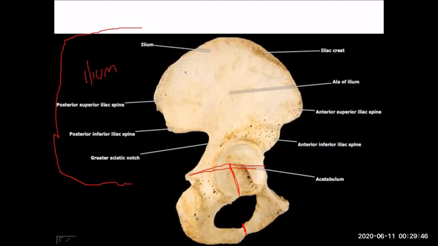The posterior inferior portion, so I'll highlight it here completely in red. This area here now is known as ischium. And now this anterior inferior portion, seen right here, this is all the area of the pubis.